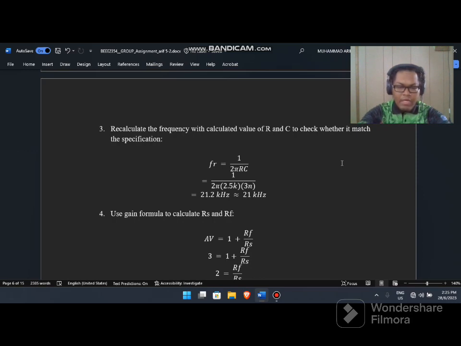By replacing the R value with 2.5 kilo ohm and C value with 3 nanofarad, we will get Fr, the resonant frequency, equal to 21.2 kHz.